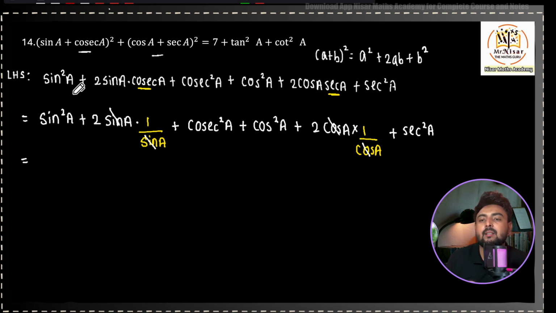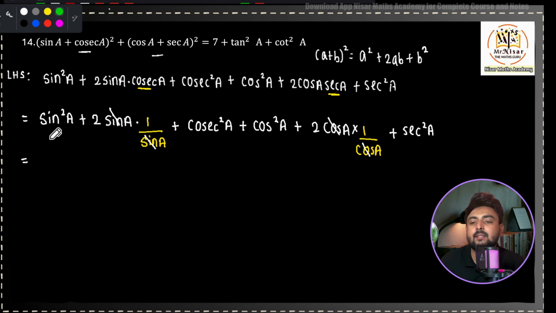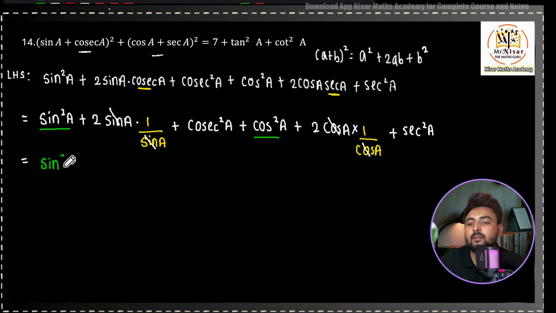Now what is remaining? See, children, I'll club some things and write here. This sine square A and this cos square A, what it becomes? I'll write it together. Sine square A plus cos square A, what is it? It is 1. Plus, what is remaining now? Here 2 is remaining. Plus, what is remaining again? Cosec square A is remaining. Again, what is remaining?